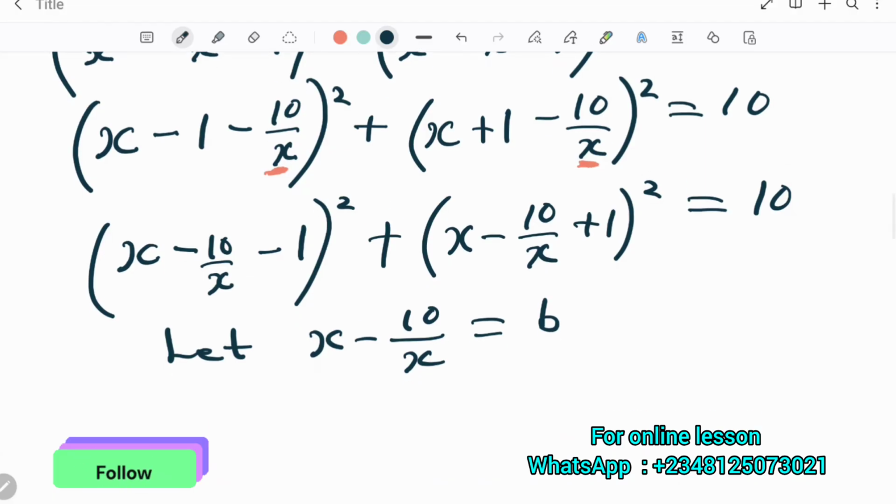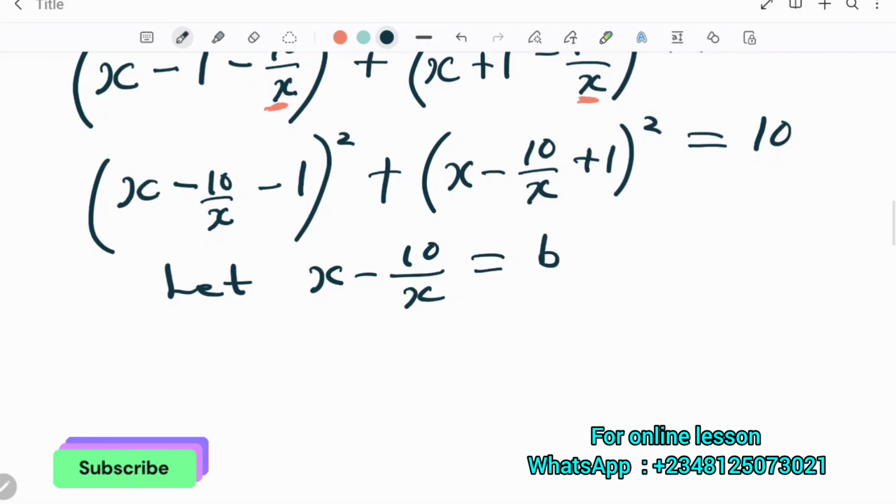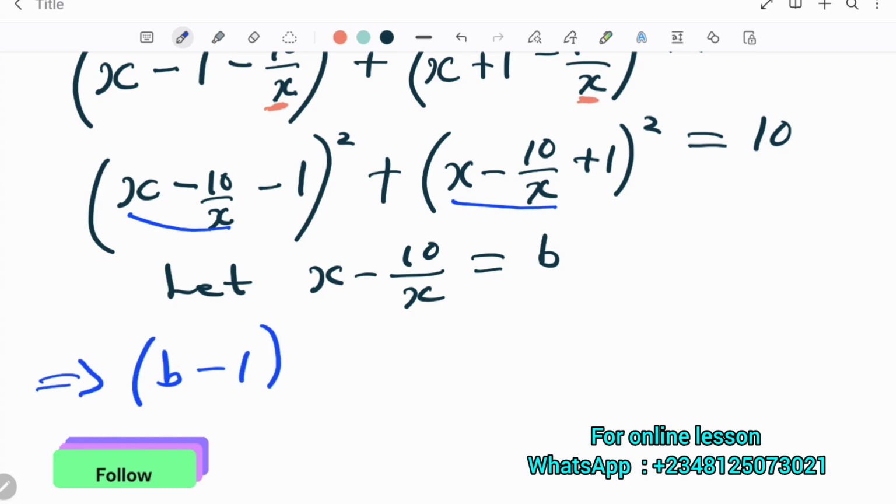So this expression becomes (b − 1)² plus (b + 1)² equal to 10.